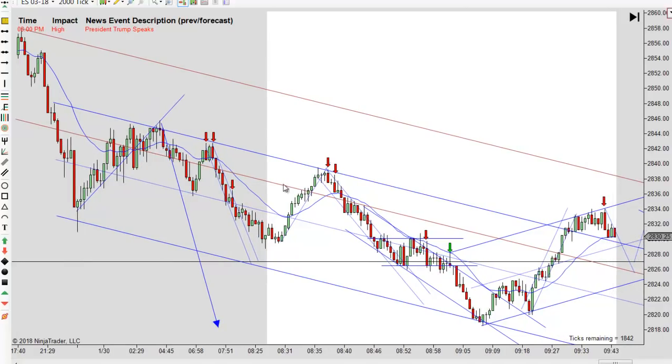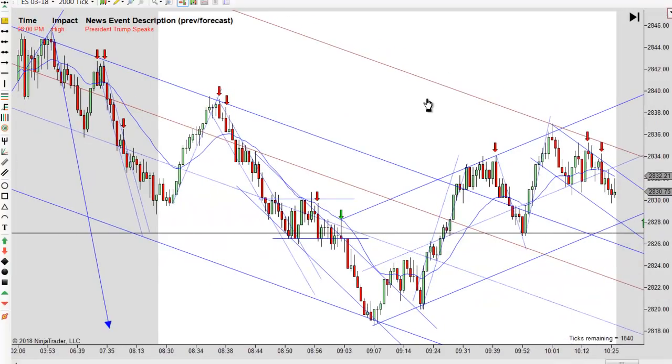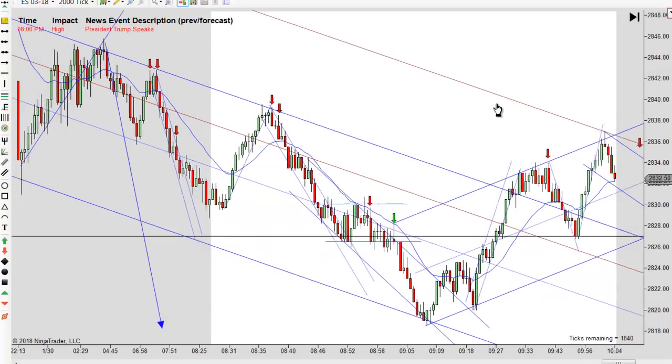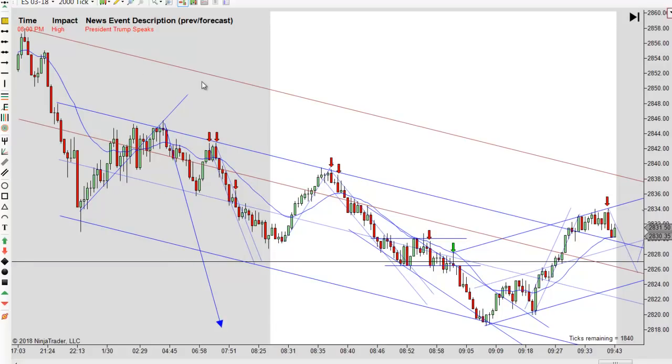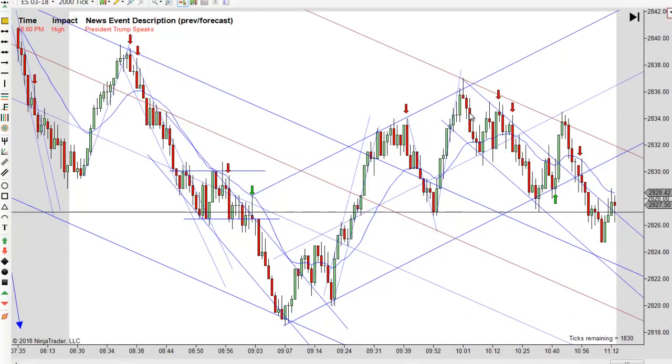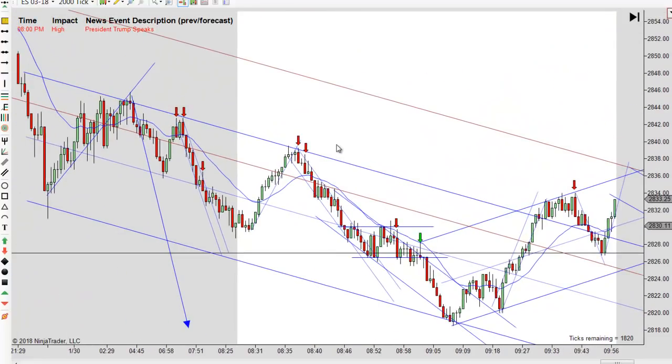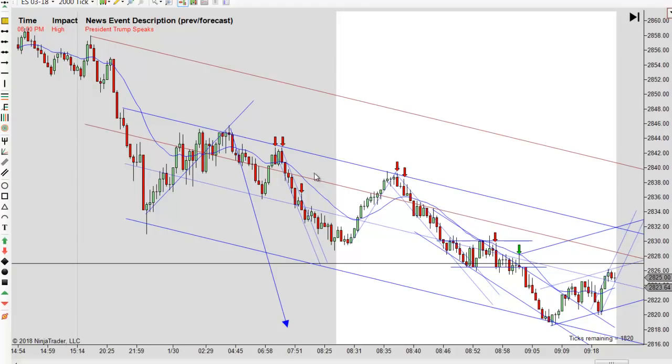You don't really get many plays off this midline. You don't really get any at all, to be honest. And you don't get any plays really off this line until late in the morning. But you could have found that anyway by just copying this line and dragging it up as I showed you. So I'm going to remove the brown.